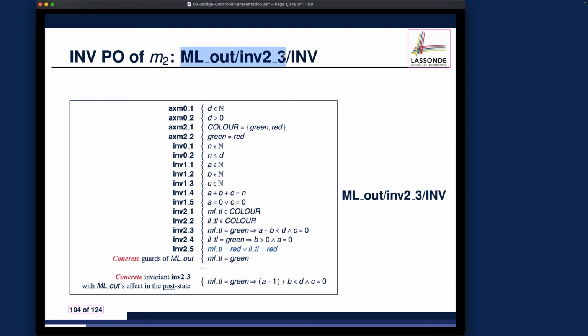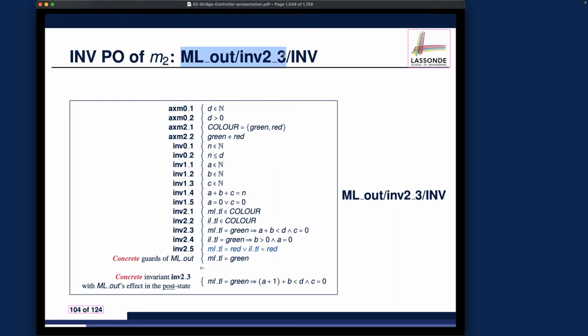So ultimately, we really want to consider the 4 proof obligations that are generated between the two events, ML out and IL out, and also the two invariant conditions, invariant 3 and invariant 4. We already considered 2 of them in the earlier part, and now we're going to consider the other 2, right? So it's really important for you to see this bigger picture without getting lost.